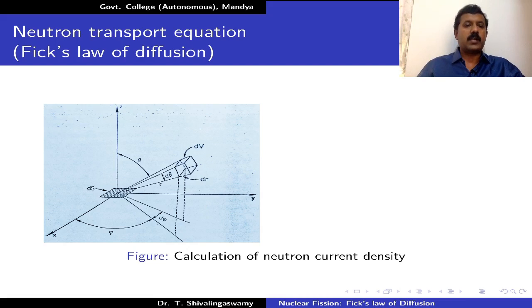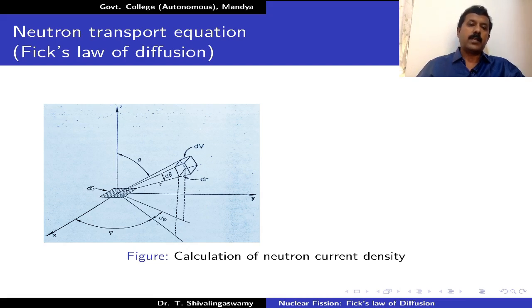We imagine a sphere around it from which we get neutrons from all directions. We have assumed that the neutron scattering is isotropic, so we expect neutrons from all directions. We will have some scattering centers all around, and those scattering centers scatter the neutrons towards ds.